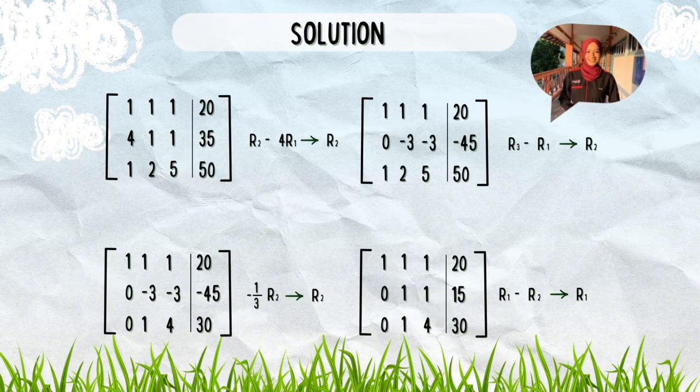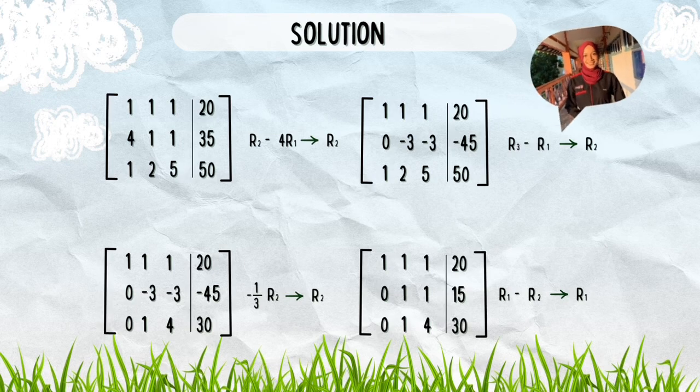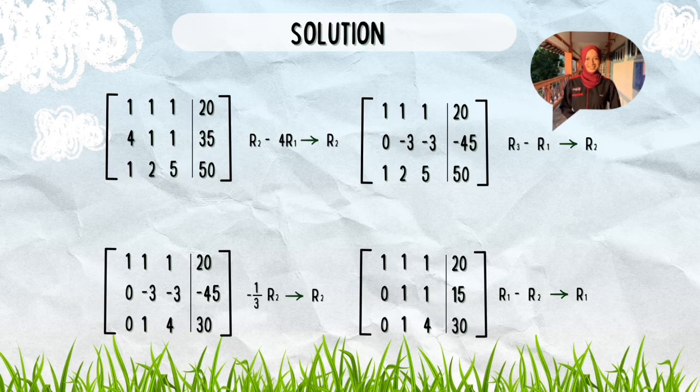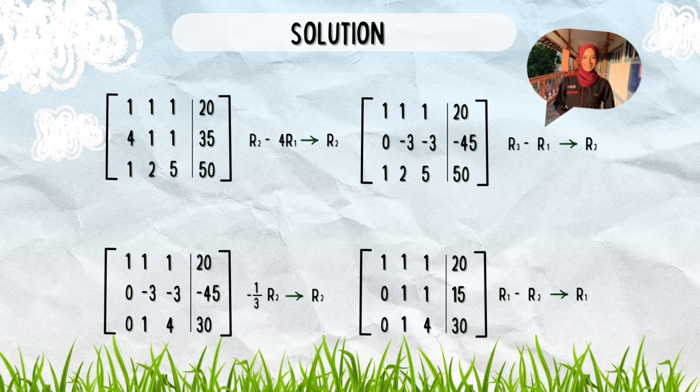The whole row 2 will also change and become -3, -3, and -45. For the last row in column 1, we also have to make it 0, and the equation is row 3 minus row 1 equals row 3, and the outcome is 0, 1, 4, and 30.